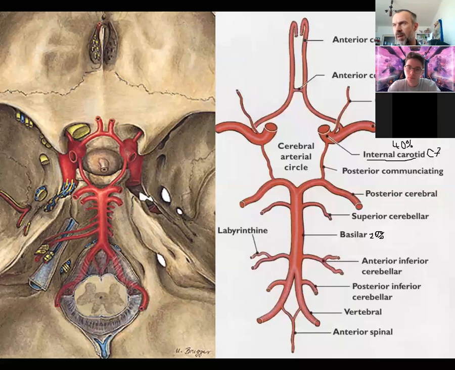And then it gives the middle cerebral laterally. And that's here. And the anterior cerebral ventrally. That's here.